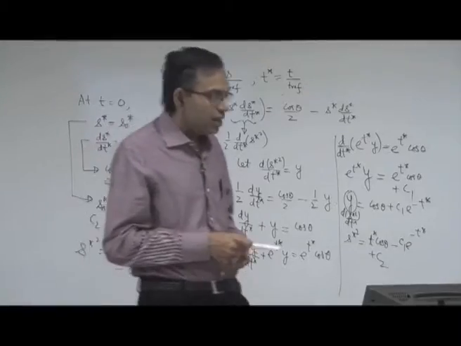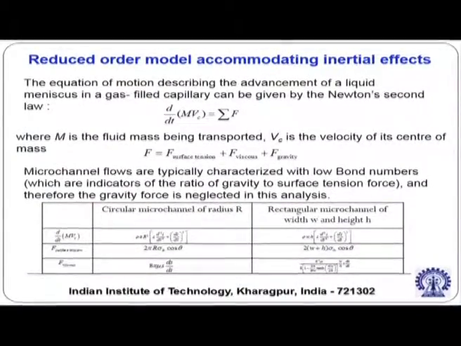So, now we will come to the board to summarize the reduced order model accommodating the inertial effects. We have neglected the gravity force that we have already told. So, then d/dt of mv for a circular microchannel of radius r, this is this.